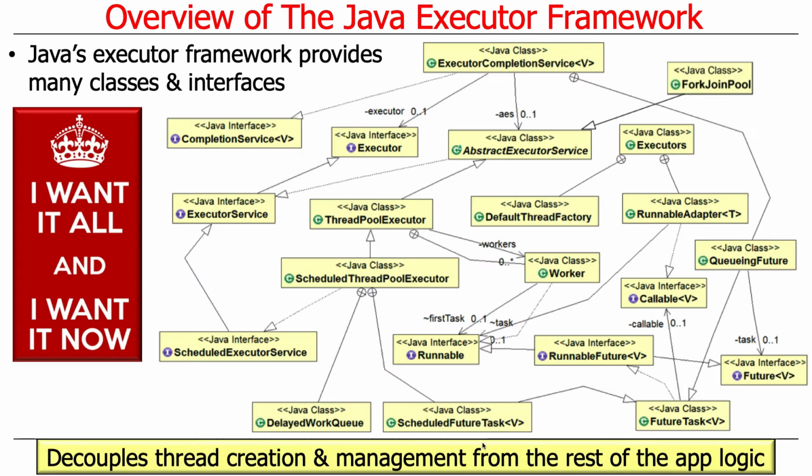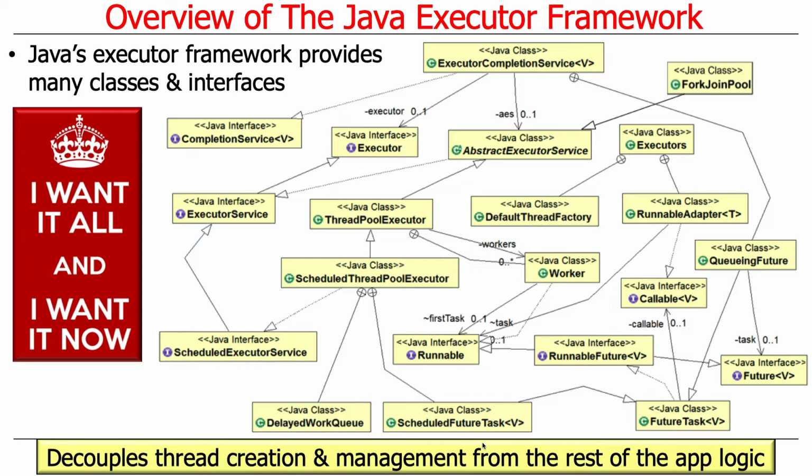So the Executor framework provides a lot of classes, a lot of interfaces, and basically what it does at a very high level is it decouples the creation and management of threads from the rest of the logic of the application. So that's really what the Executor framework does in a nutshell. So you don't have to think as much about threading.